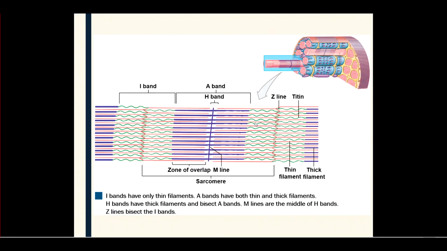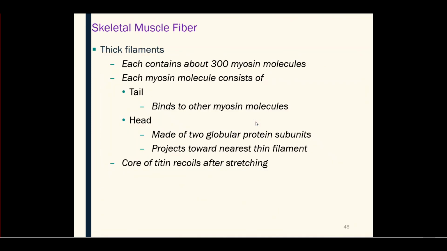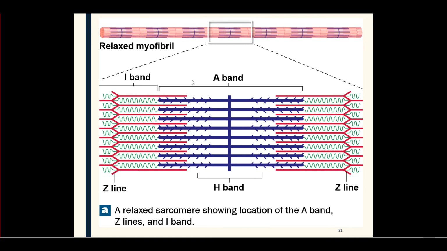So basically, with the sliding filament theory, the actin is going to be sliding over the myosin. So when that happens, we see that the H band and the I band are going to narrow.